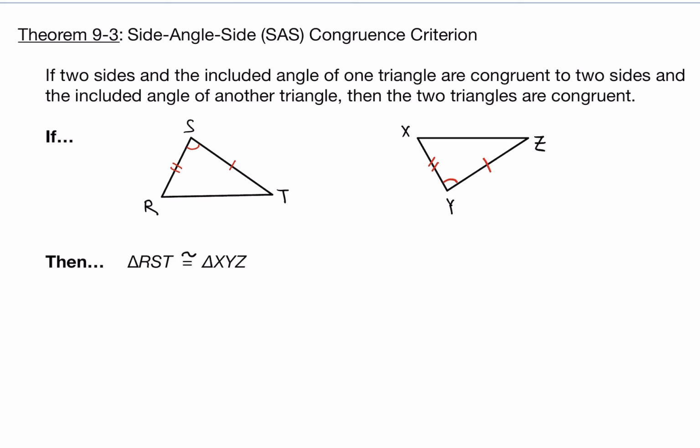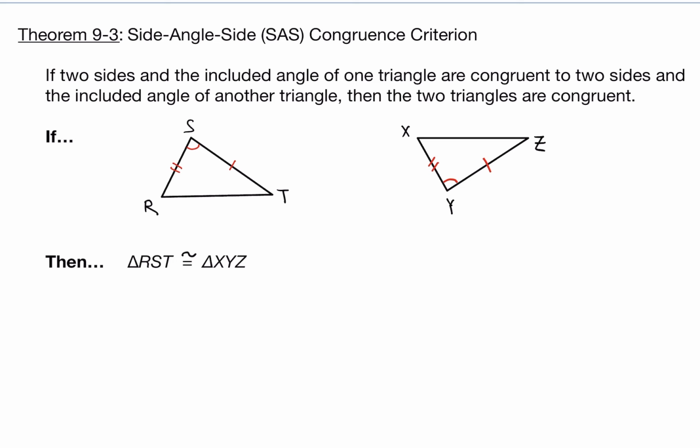Second, we have angle S and angle Y, and we have these little arcs. Those indicate that those angles are exactly the same. And then third, we have side RS and side XY are also the same because of these double hash marks.